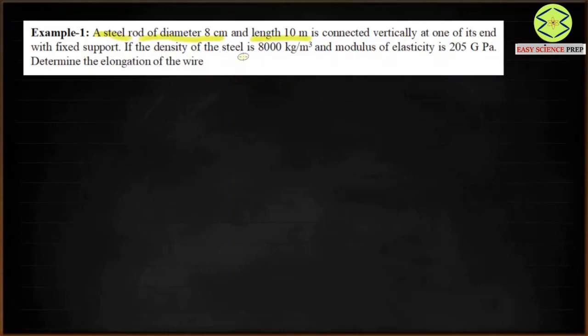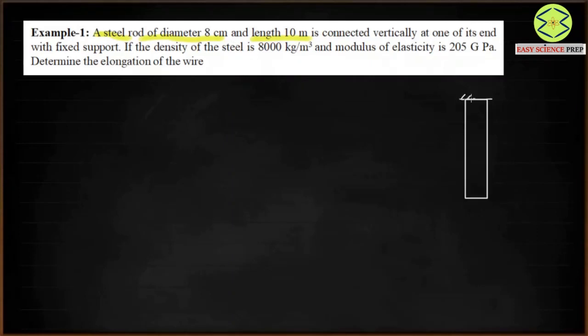The density of steel is 8000 kg per meter cube and the modulus of elasticity is 205 gigapascal. We have to determine the elongation of the wire. So it is a very straightforward problem. We have to find the elongation of the wire due to self weight, because there is no other external load acting on the bar, only its weight.